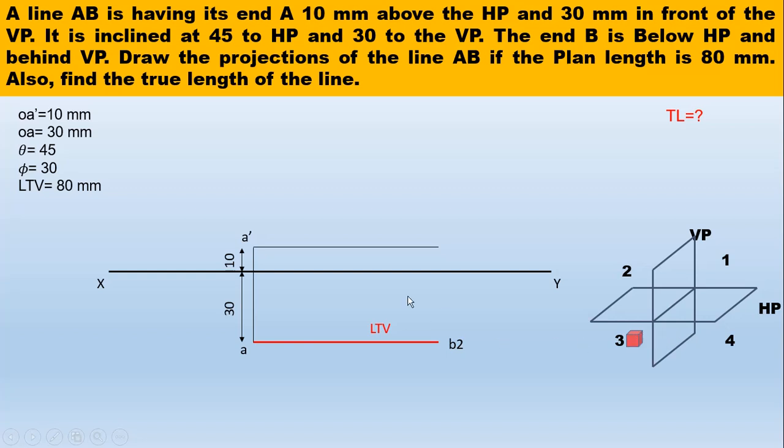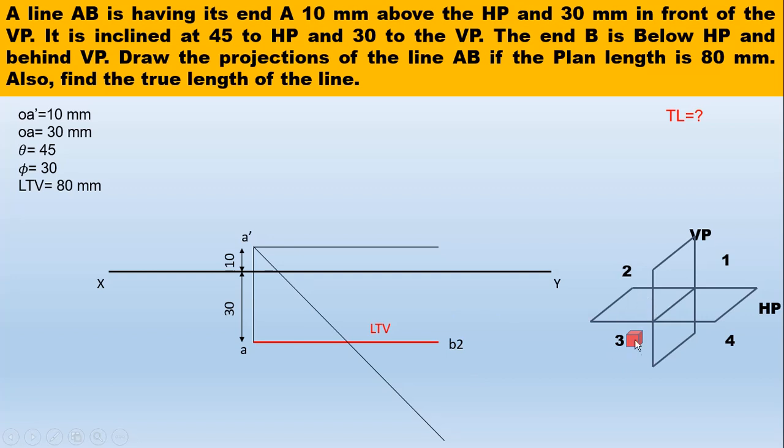So in this case, projection of point B will lie below reference line XY. So with A dash as a center, draw a line at an angle of 45 degree in this direction.